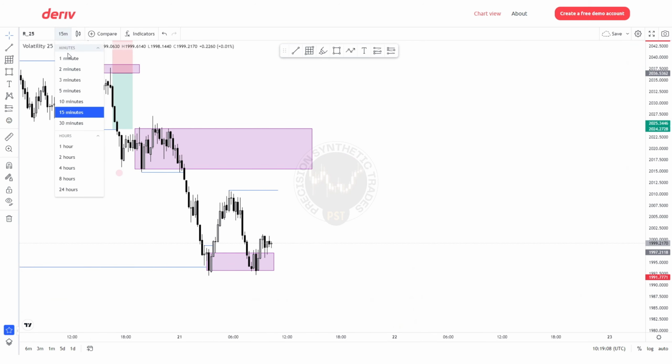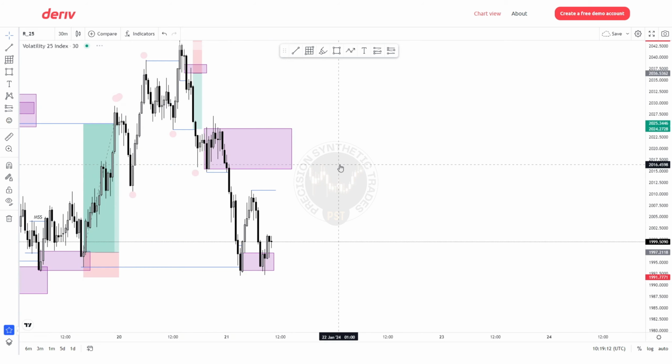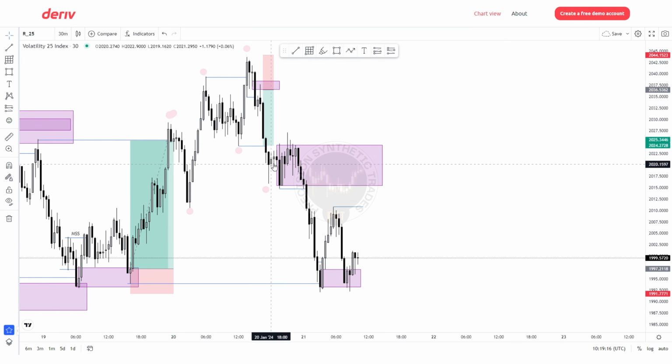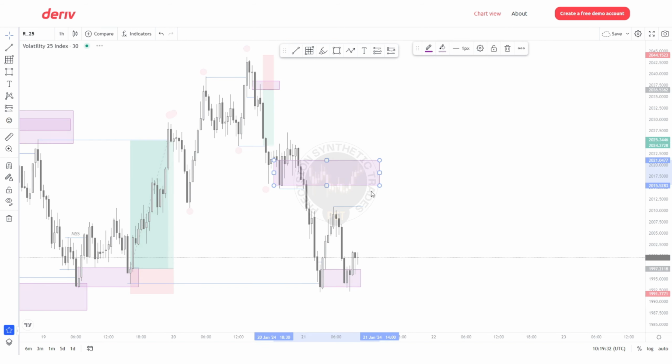Let's quickly go to the 30 minutes to see if we can refine our entry a little bit. There we go. So you can use this as a nice order block area. Let's go to the 1 hour.